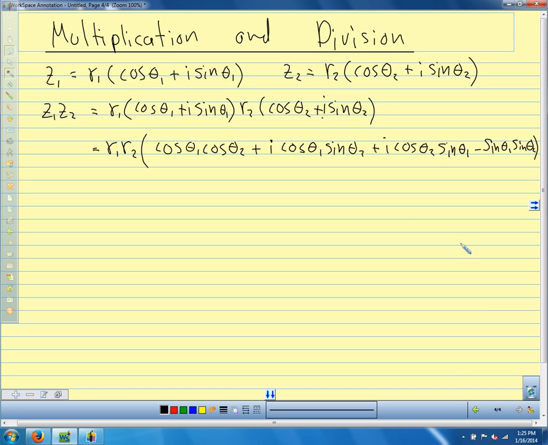So that's a lot of stuff. Now I'm going to combine the parts with the i's, so I'm going to combine the imaginary parts and combine the real parts.